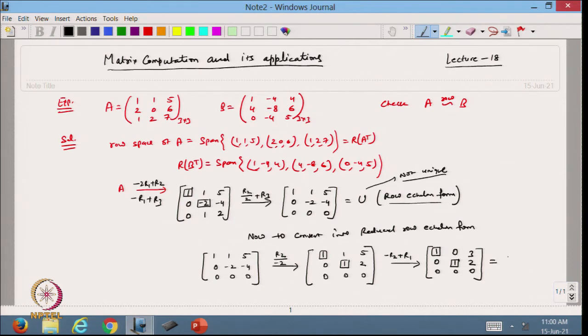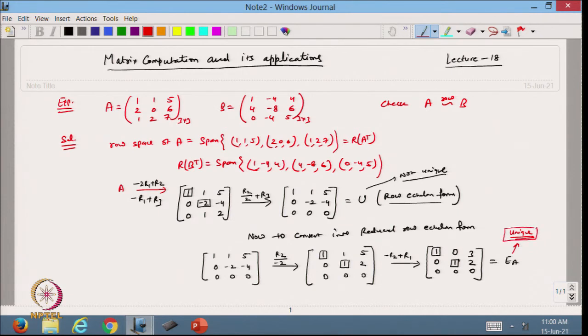So, that is my reduced row echelon form. And the good thing with this reduced row echelon form is that it is unique, because here it should be the 1, 1 and all other elements should be 0. So, if we find it by any operation, ultimately in the end we will get this reduced row echelon form, and that is uniquely determined.